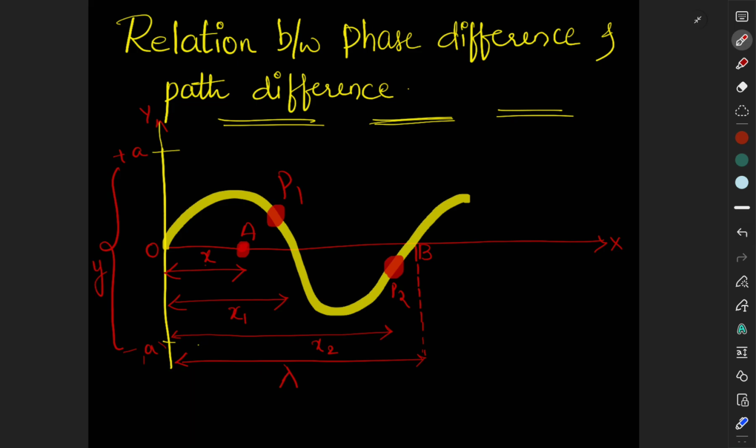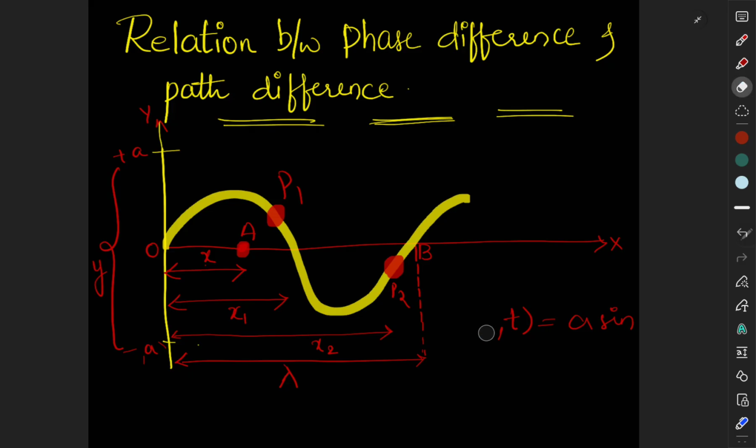So the equation of the wave can be represented in this form: y of x comma t is equal to a sine omega. Wait, I'll write here.